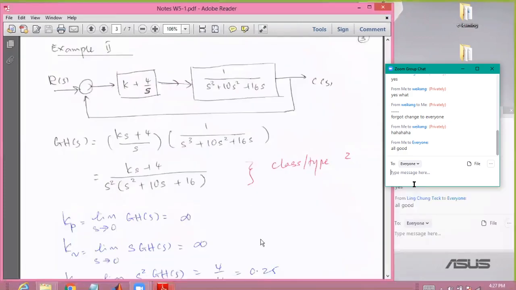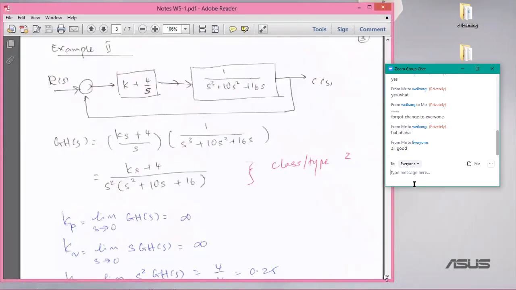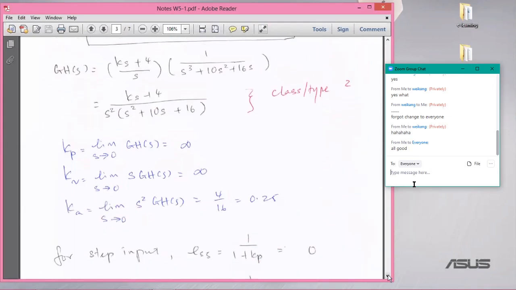All right. Once you get the open loop transfer function, it's just a matter of substituting into the correct expression. So that is your Kp, infinity. Take the limit as s approaches 0. So you have 0 in the bottom there, so you get infinite. S multiplied by G(s) is still infinite.